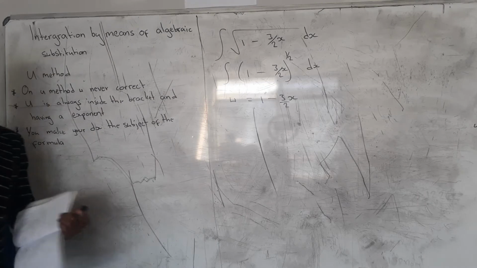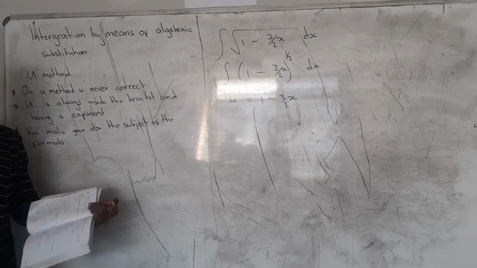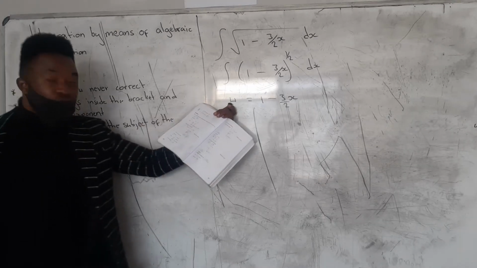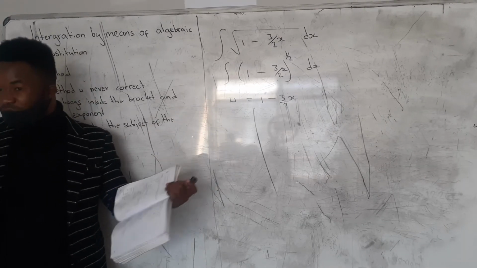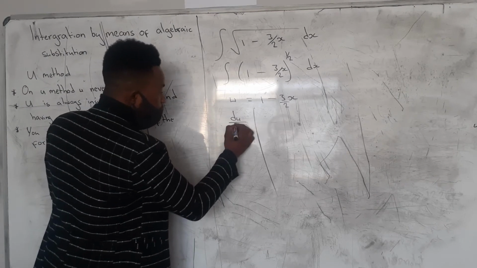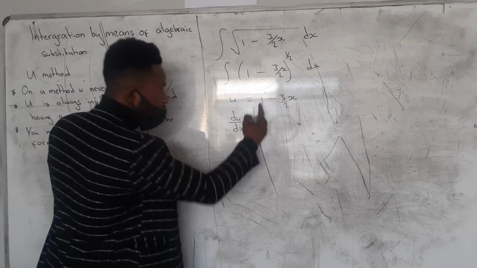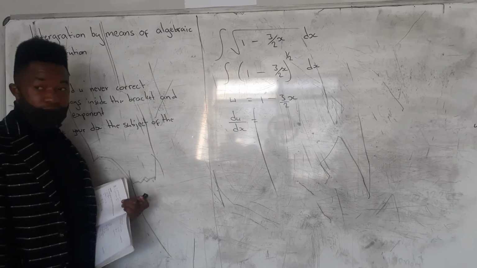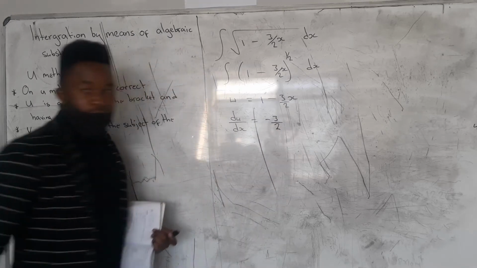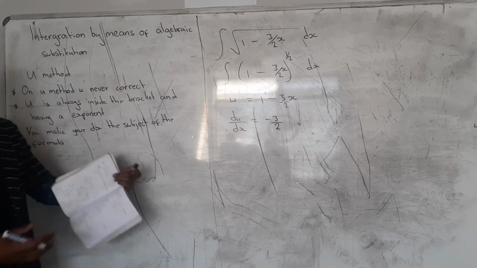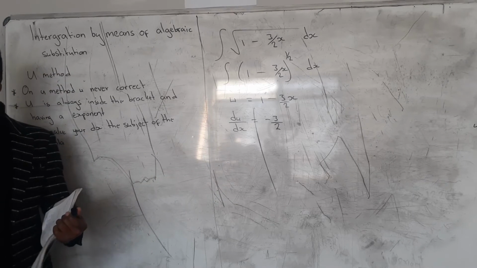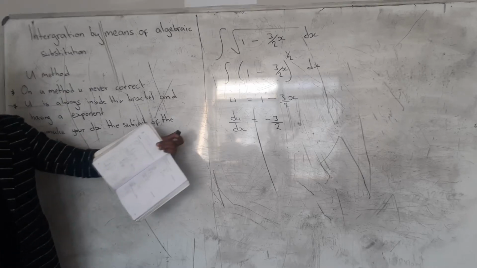The same thing that we were doing on the previous one: we are supposed to derive it. But on this one, I have U, so I'll be deriving in terms of du over dx. Du over dx is equal to the derivative of 1, which is 0, and the derivative of this, negative 3 over 2. Since on this one we don't correct, I'm going to make dx the subject of the formula.